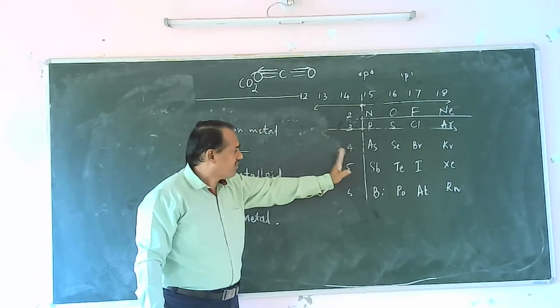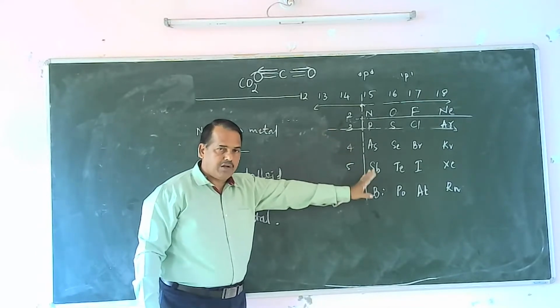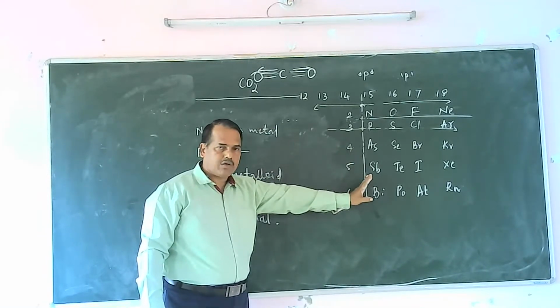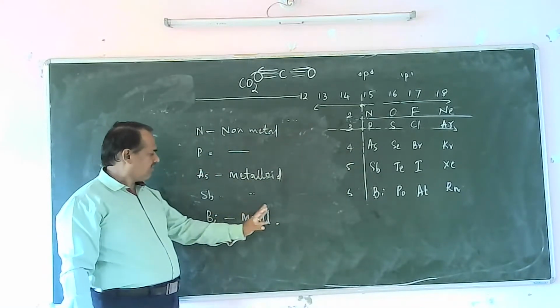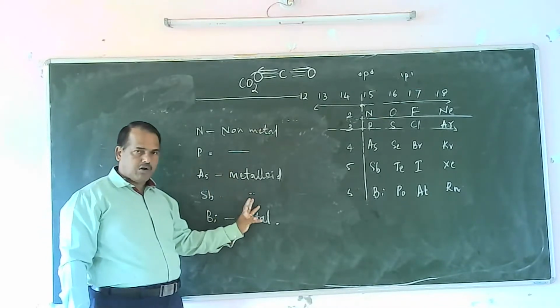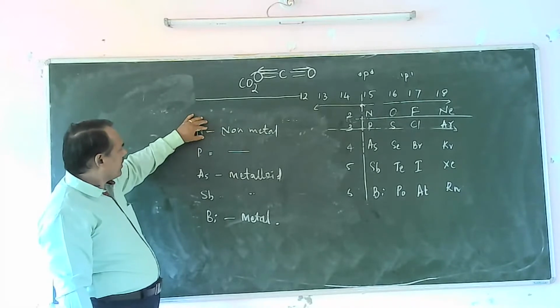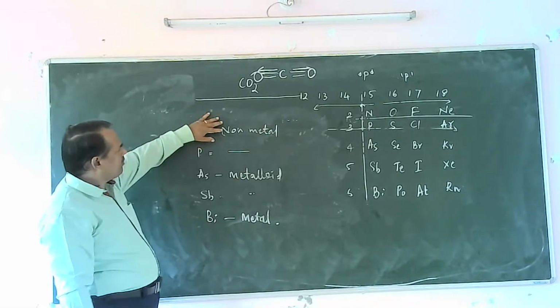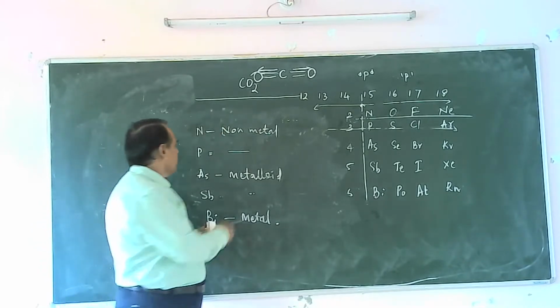Due to the poor shielding of d and f electrons, and again due to inner pair effect, bismuth behaves as a metal. Antimony and arsenic are metalloids, and nitrogen and phosphorus are non-metals. So why do these show non-metallic character?